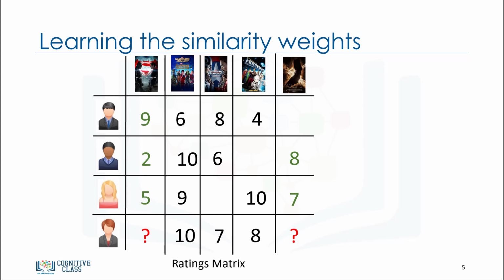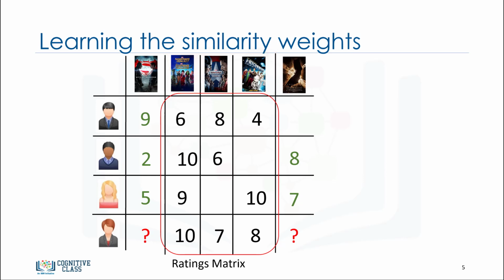Well, this can be done through several different statistical and vectorial techniques, such as distance or similarity measurements, including Euclidean distance, Pearson correlation, cosine similarity, and so on. To calculate the level of similarity between 2 users, we use the 3 movies that both the users have rated in the past.